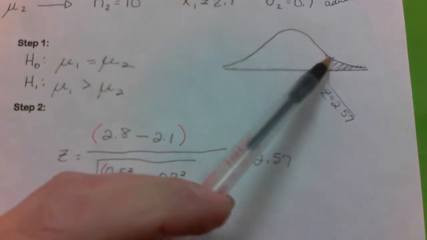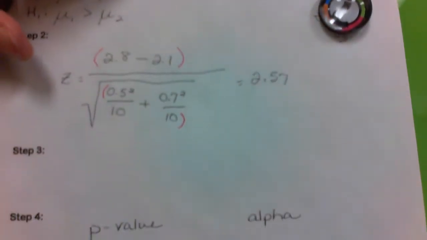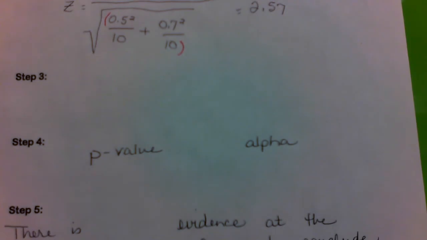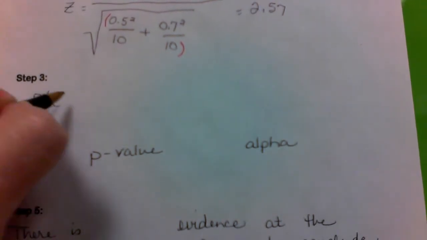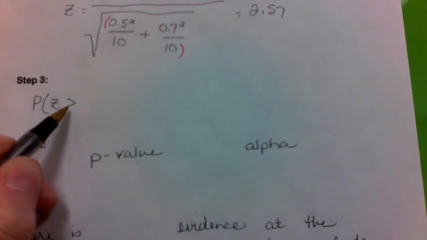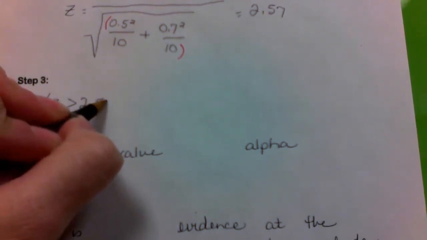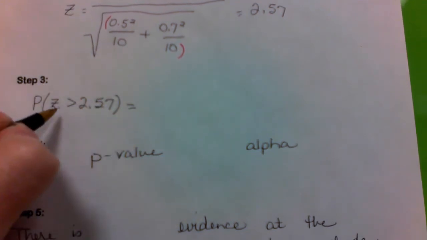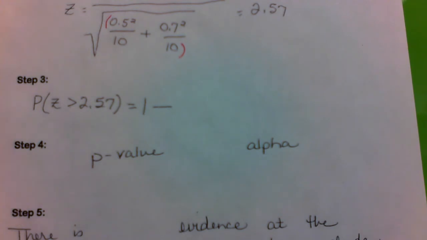So Z is equal to 2.57. Now, since we have a right-tailed test, when we calculate the probability, we're going to find the probability that Z is greater than 2.57, because the alternate was a greater than. Since we have a greater than, we're going to do 1 minus the number from the table.